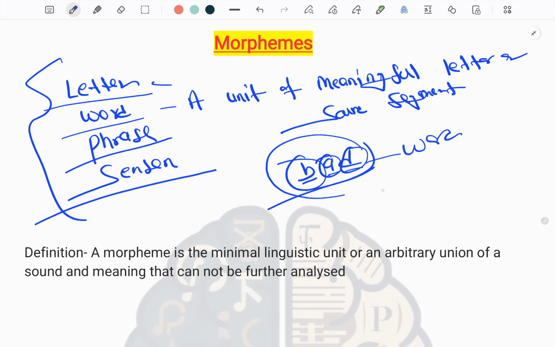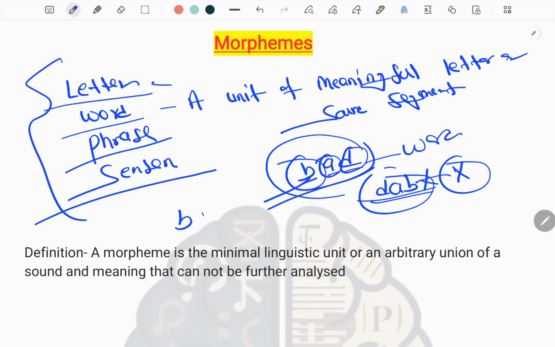If we write DAB, there is no meaning in it, so this is the wrong vocabulary. A unit of meaningful letters or sound segments is known to be a word. When we combine them in the right sequence, BAD, then it is known to be a word.